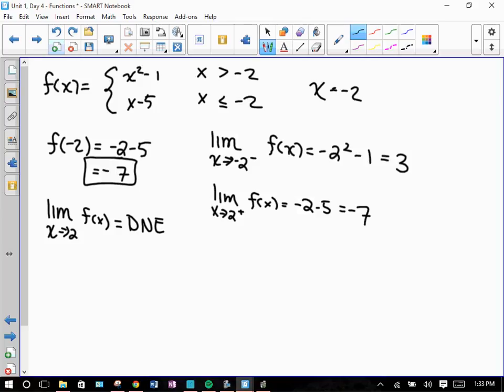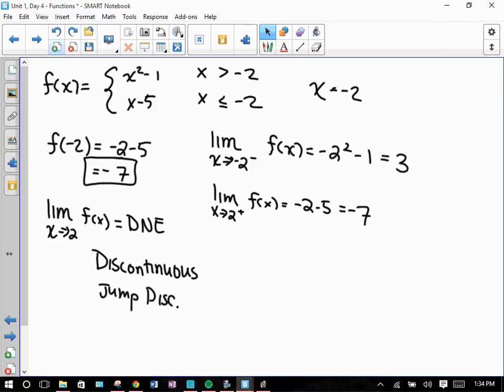Does it equal negative 7? No. So this is not continuous, it is discontinuous. Since the left-hand and right-hand limits are different and not equal to infinity, since they are actual numbers, it's a jump discontinuity.